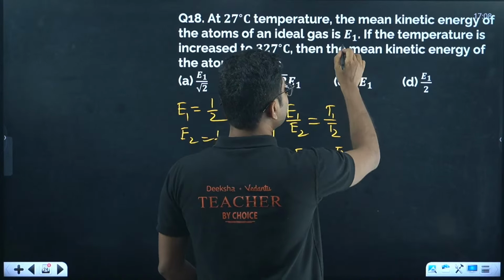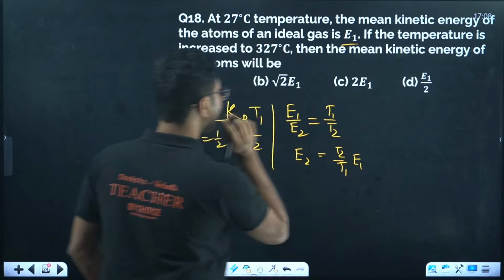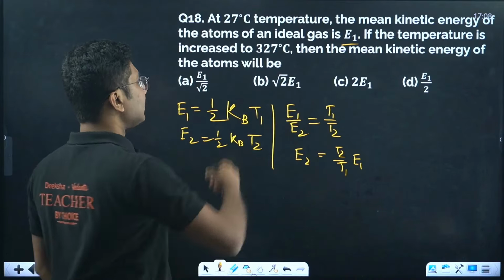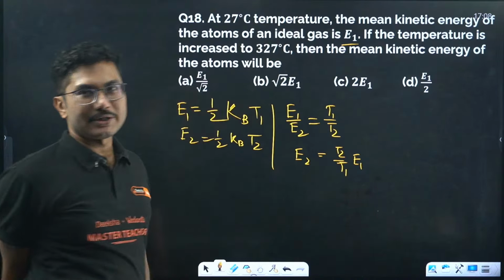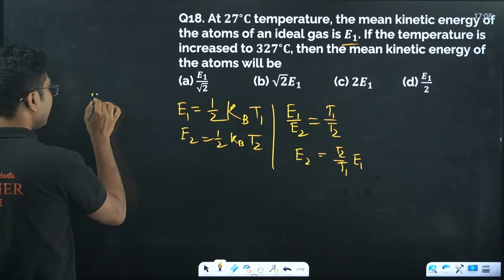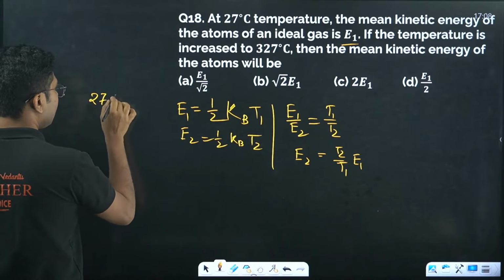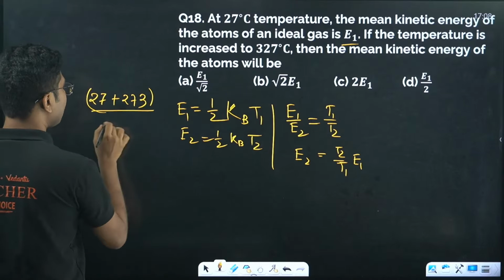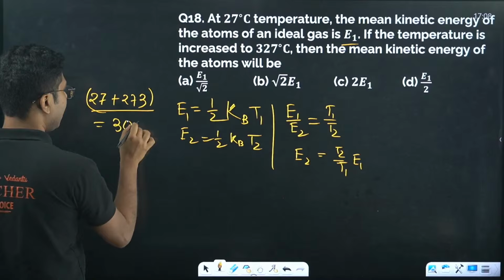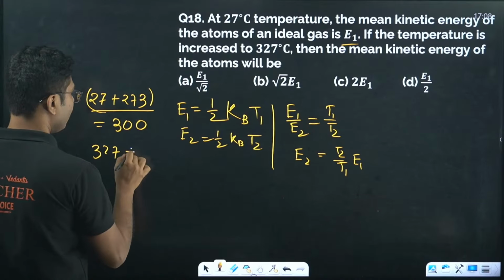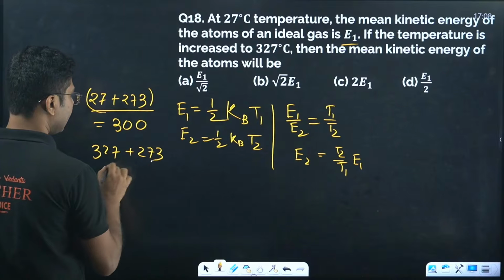So E1 is given here, T2 is what? Now the only problem with this type of question is that students sometimes use the centigrade temperature and get totally confused. So here you have to convert it into Kelvin temperature. So 27 plus 273 is 300, and 327 plus 273 is 600.